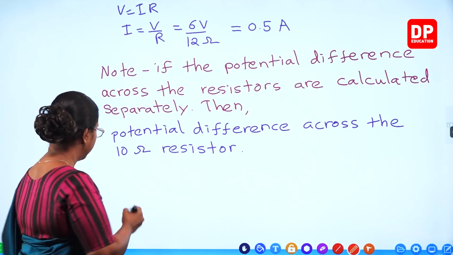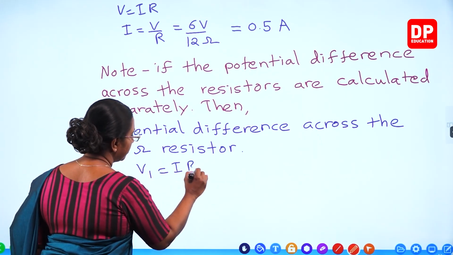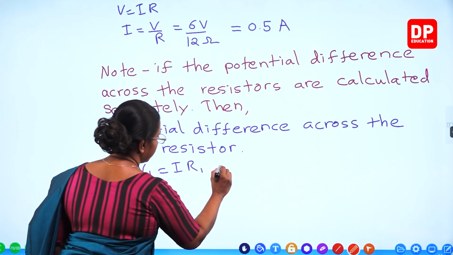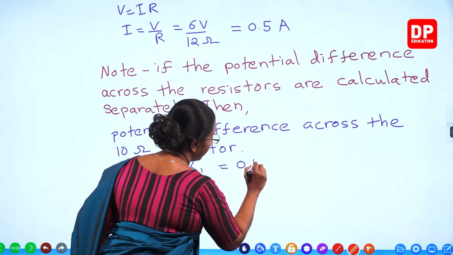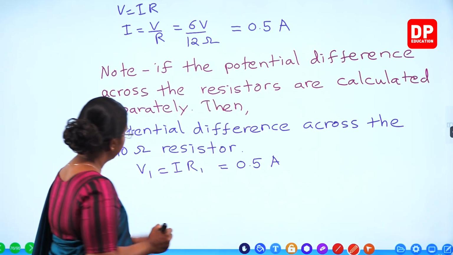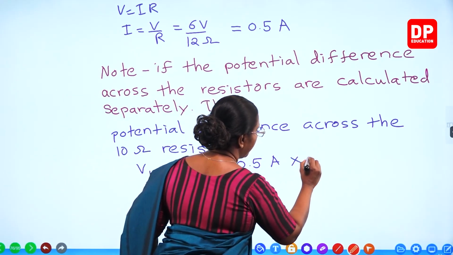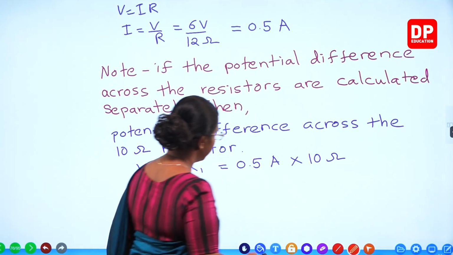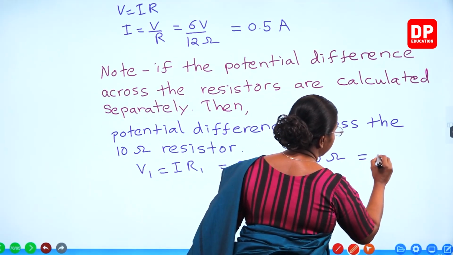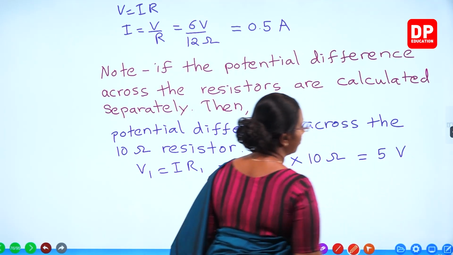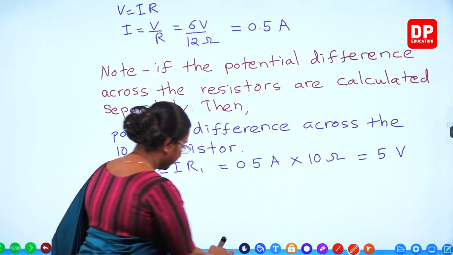What is that going to be equal to? I said V1 equals I into R1. So there, what is I? We calculated the current as 0.5 amperes. And what is the resistance? 10 ohm. 0.5 amperes into 10 ohm. 0.5 into 10 ohm, that is going to be 5 volts. So V1 is going to be 5 volts.